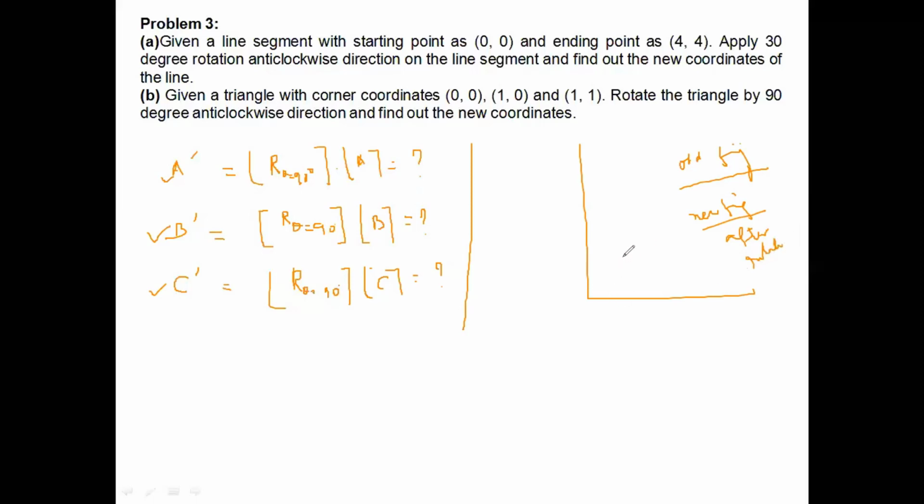So I think you would be able to solve this problem, and if you still find a problem solving this question, then you can post me the query. Okay, let's go ahead with another problem.